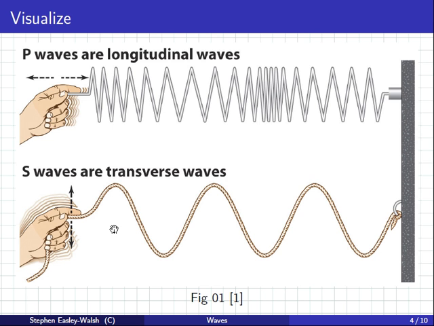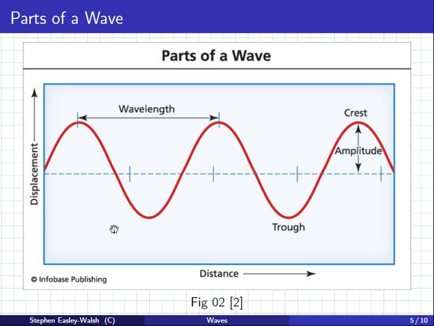Now, parts of the wave have a name. The wavelength is the distance from crest to crest, or trough to trough, or indeed one point to the same point later. And like I said, here at the top is a crest, and here at the bottom is called the trough.